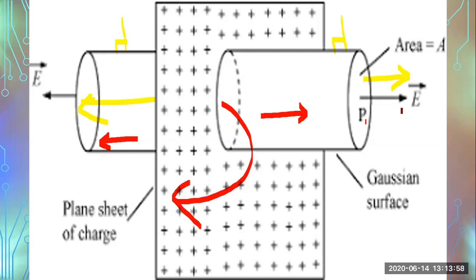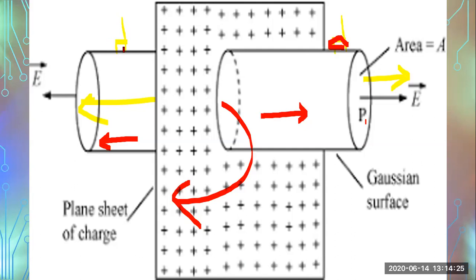The area vector at this place is also along the same direction as the electric lines. On the curved side, the electric lines of force and the area make an angle of 90 degrees, so the angle between E and A is 90 degrees.